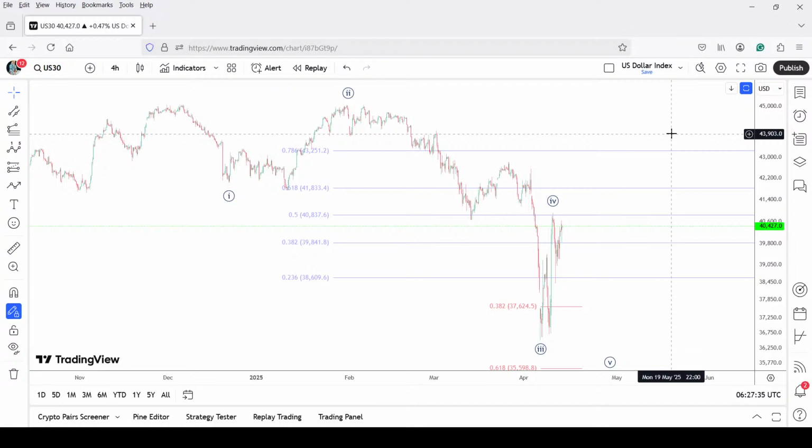The first alternate is already the third wave is underway, where we got wave 1, 2, 3, 4, and 5 complete. That could be wave 1 of 3, and we might have seen wave 2 of 3 also completing. All right.